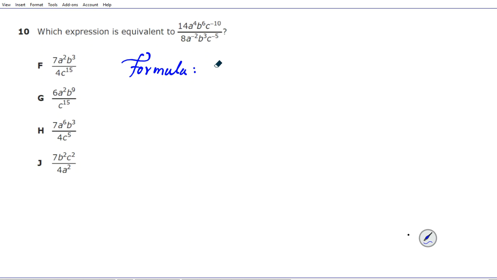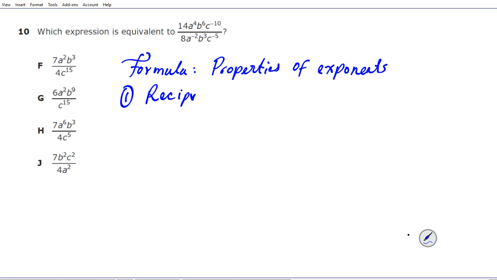expression right here. Okay, so we're going to call this the properties of exponents. You are supposed to know multiple properties of exponents in order to correctly solve this problem. So let's go over them real quick. The first one is the reciprocal property. The reciprocal property just basically indicates that if the exponential value has a negative sign, then that exponential term with a negative exponential value can be reciprocated.